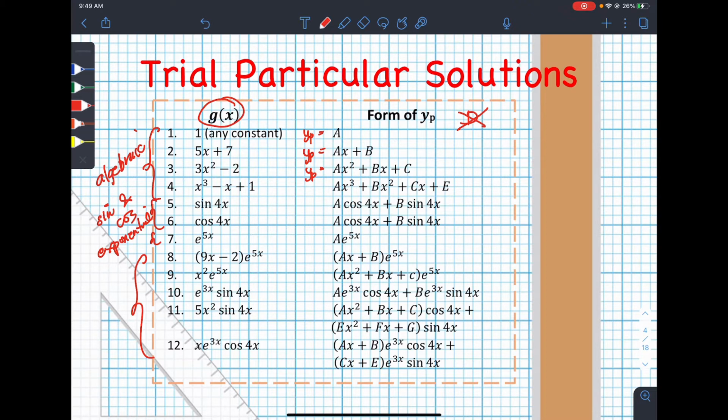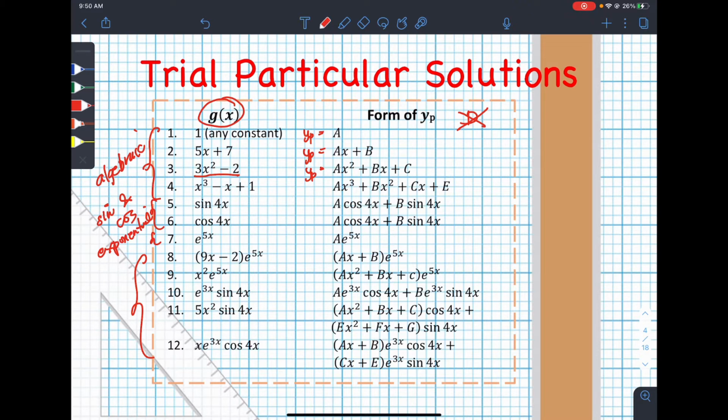The highest degree corresponds to the highest degree in our particular solution, even with the absence of other parts or of another variable with a certain degree. For example, here we have 3x squared minus 2. You can see here we have x squared as well as the constant. However, we don't have the variable x only.